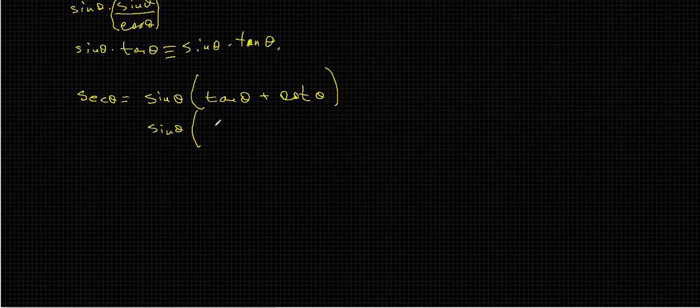Now this becomes sine theta over cosine theta, and then the cotangent would be the reciprocal of the tangent, so this would be cosine of theta over the sine of theta. So far so good. And of course we've got to have a common denominator.